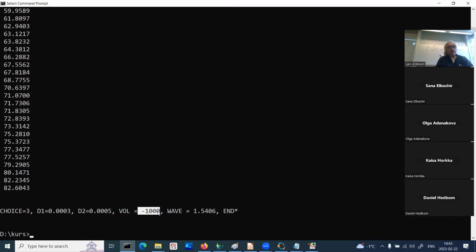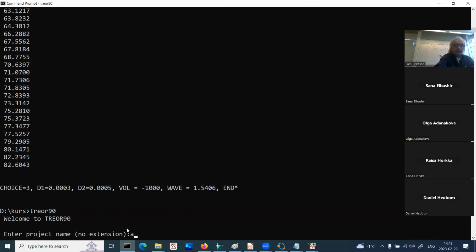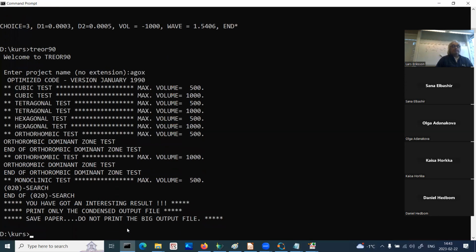And I did put in minus 1000 as a volume limit, meaning that it will check for all possible, what we call, symmetries, and use the same input as for AGOX, since we have AGOX.3 as input.